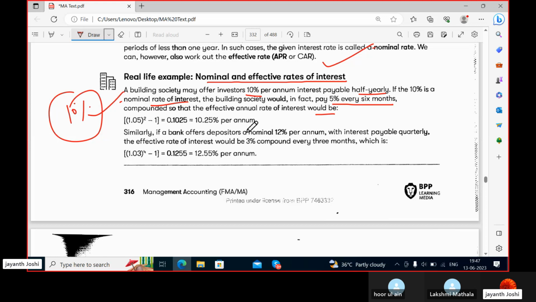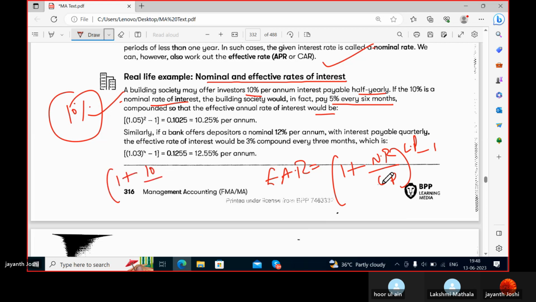I have the formula for effective annual rate. 1 plus nominal rate by compounding periods, whole power compounding periods minus 1. So 1 plus nominal rate 10 divided by compounding periods, 6 months, that is 2 times in a year, whole power 2 minus 1.